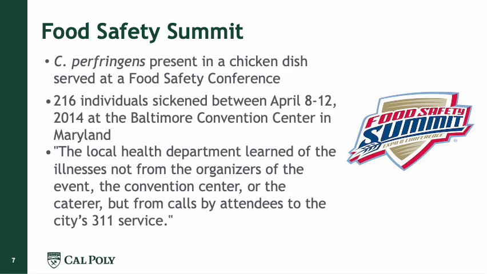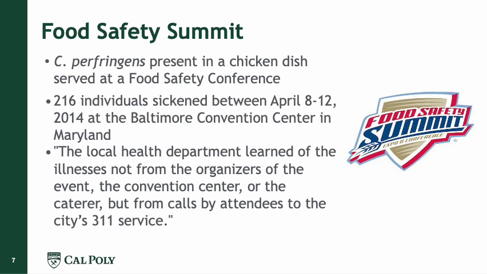Another example of when things go wrong is when there was a food safety conference, and there was Clostridium perfringens, which is a bacteria, present in a chicken dish. Maybe that dish was not cooked properly, maybe there was a contamination, so we don't really know, but 260 individuals were sick at the Baltimore Convention Center.